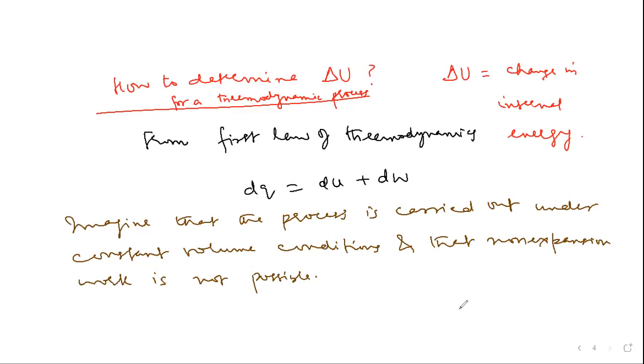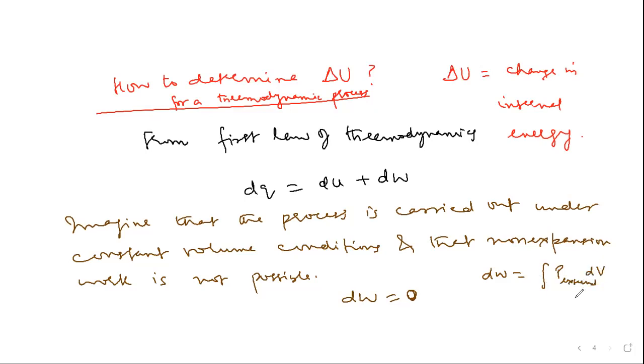Then under these conditions, our work w is 0, because expansion work under constant volume conditions is 0. When volume is constant, change in volume is 0, so expansion work is 0. Remember how we write expansion work? Integral P external dV.